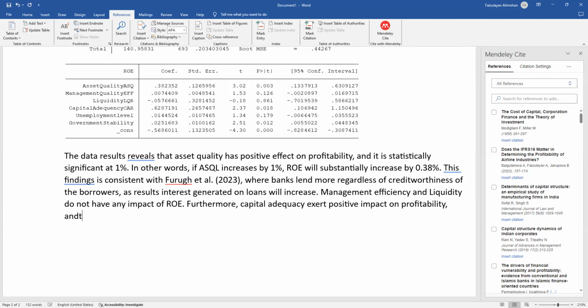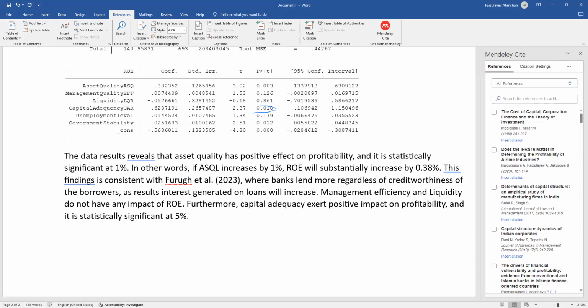And it is statistically significant. Okay. At what percent is it statistically significant? 5%. It's significant at 5%.